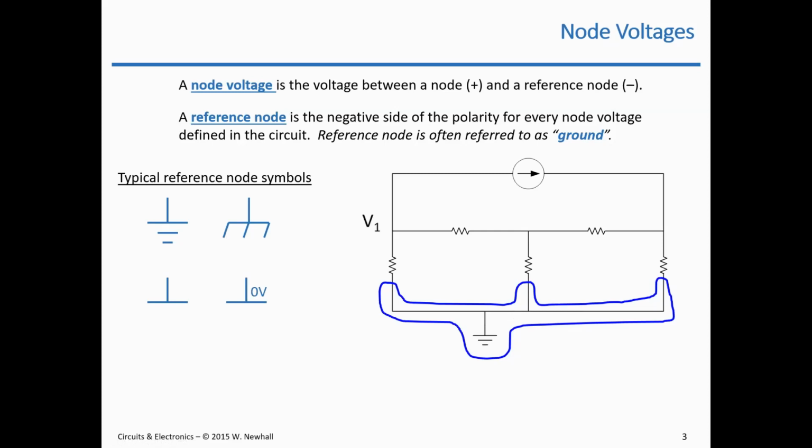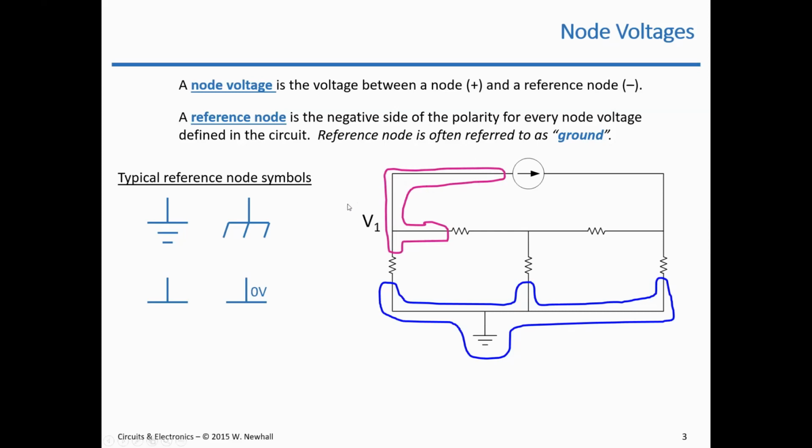Then I can define a node voltage, V1. With node voltages, I write them in proximity close to the node that I'm defining to have that node voltage. So V1 applies to this whole node here.